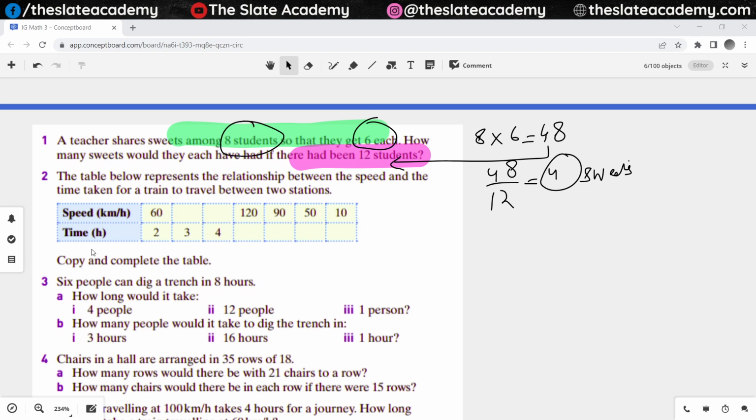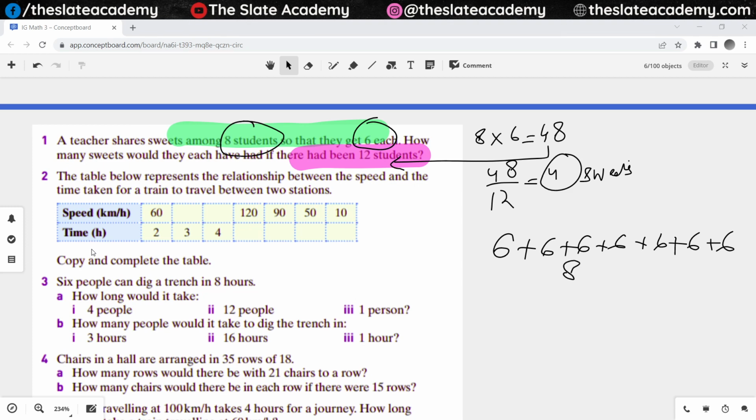How? So the first person gets 6, the second person gets 6, third person gets 6, fourth person gets 6. Fifth person gets 6, sixth person gets 6, seventh person gets 6, eighth person gets 6. How many are they in total? Please don't add them all up separately.